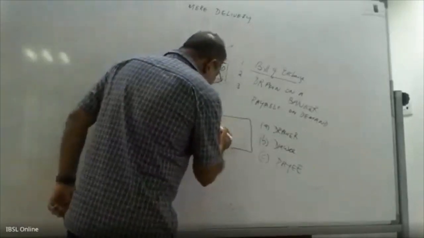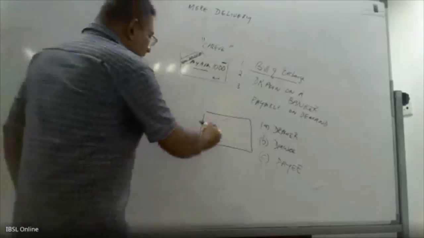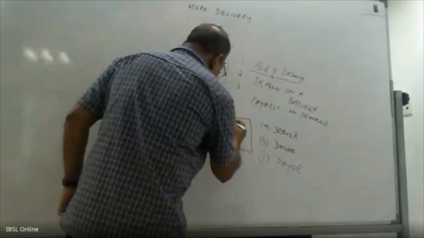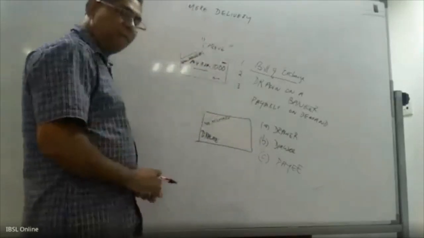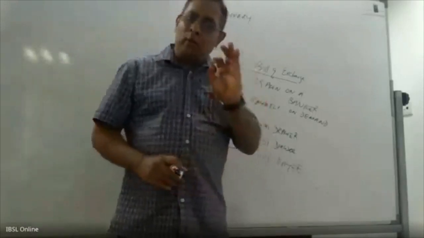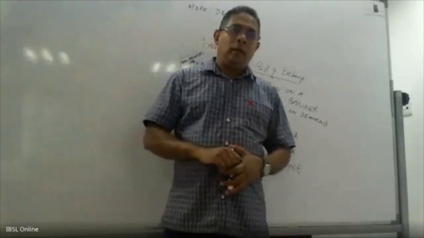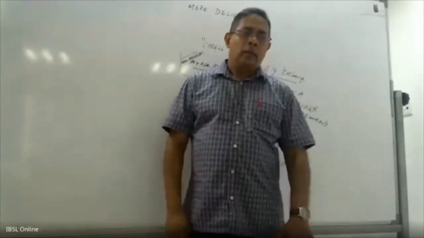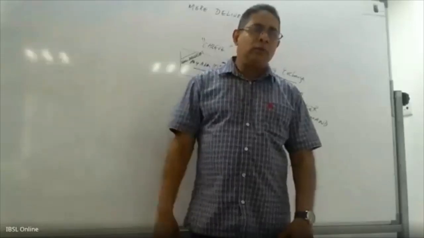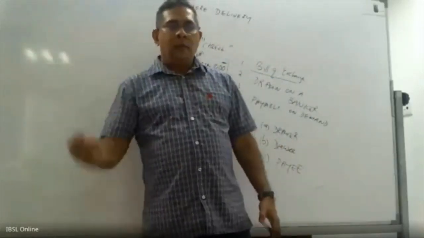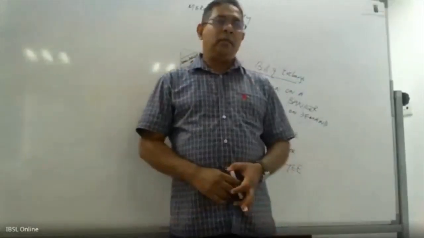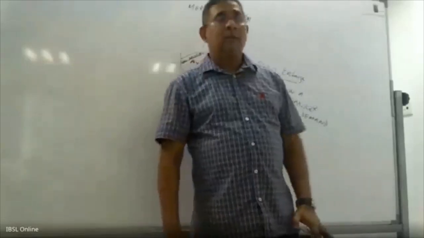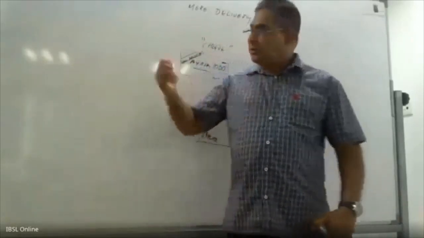Now, if the check is crossed non-negotiable, I'll take a small example. Assuming at least one or two people in the forum are newcomers in the bank, recruited one or two years ago, still serving at the counter. If you come across a check over the counter to be paid in cash, and that check is crossed non-negotiable, you would say to the customer very politely, I cannot pay over the counter because it's crossed non-negotiable.